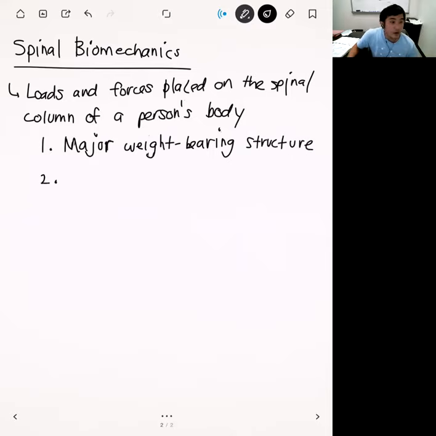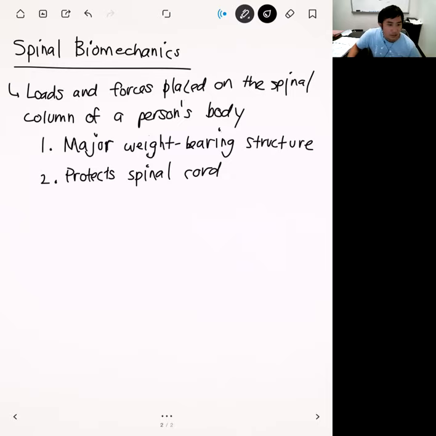Number two, it protects the really important spinal cord. Remember, the spinal cord is the huge nerve that goes from your brain to the rest of your body. If you damage that, then that's basically going to leave you paralyzed.